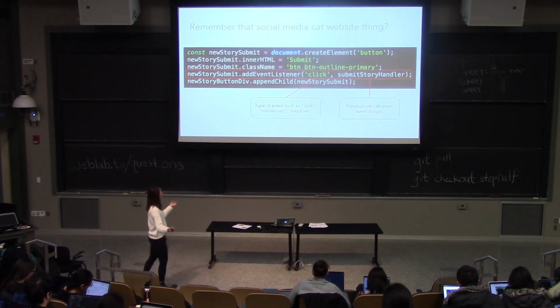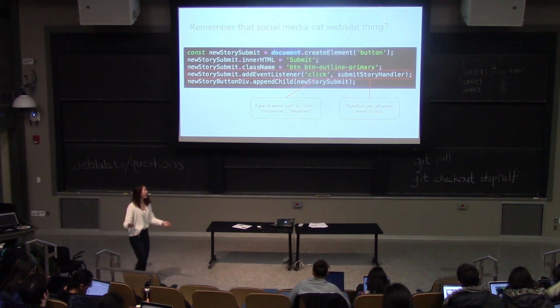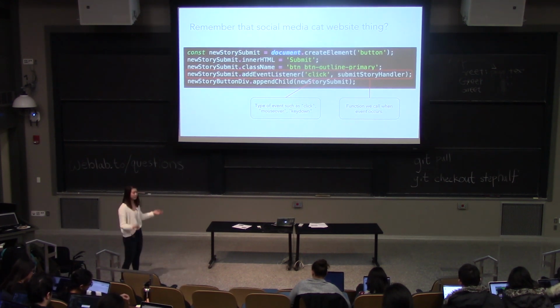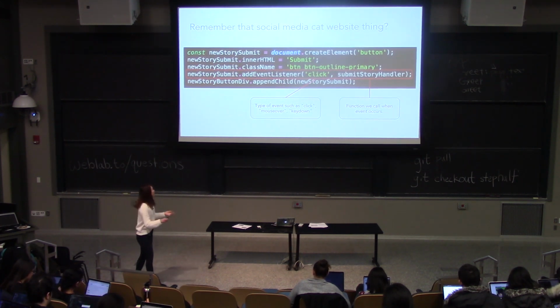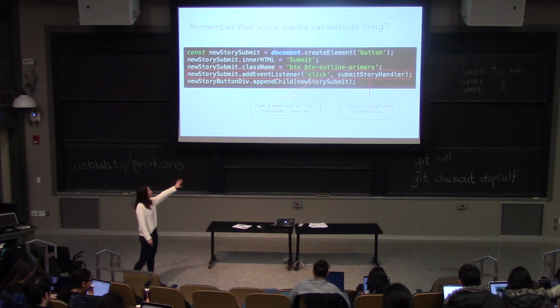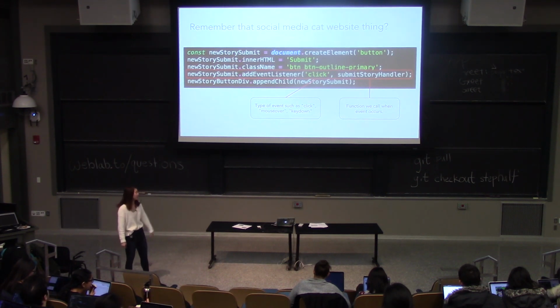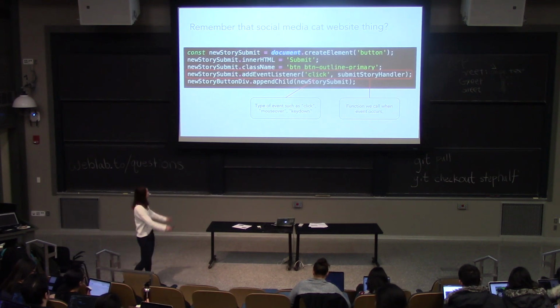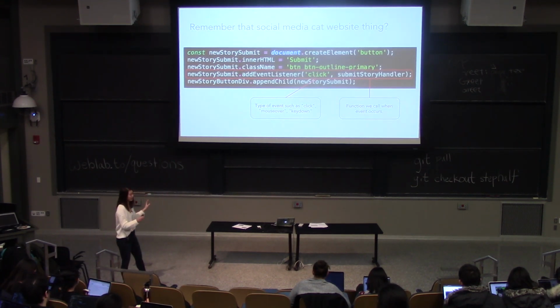So when we did Catbook, the type of event was click because we were submitting something. We clicked. And these are just some examples of types of events you can put into that parameter. The function we called submitStoryHandler, we defined that, it's not shown here, but that was a function we defined. And basically, on this object, newStorySubmit, when we click, we will call this function submitStoryHandler.